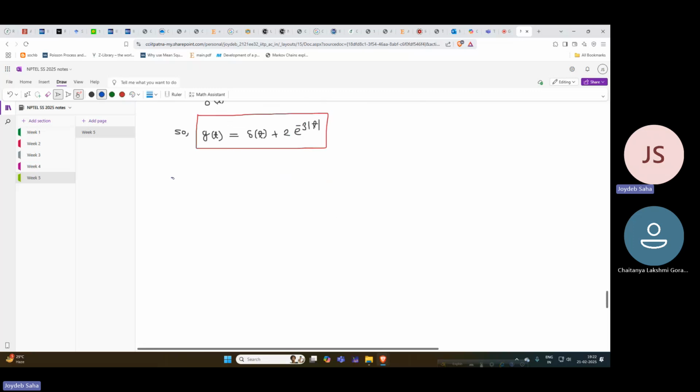Question 7. Provided that the Fourier transform of e to the power minus t u(t) is equal to 1 upon 1 plus j 2 pi f.